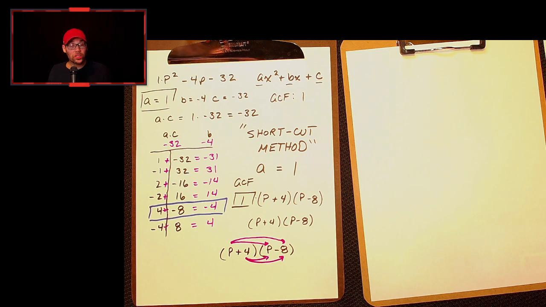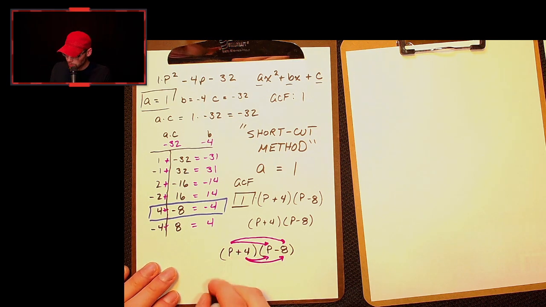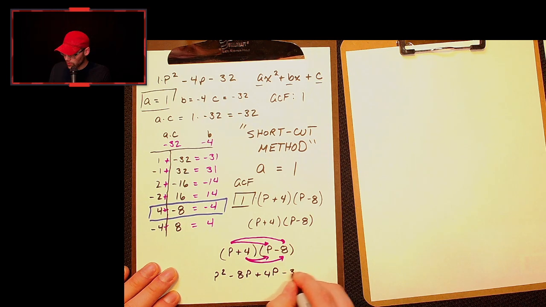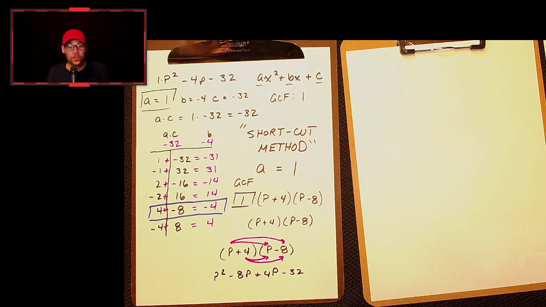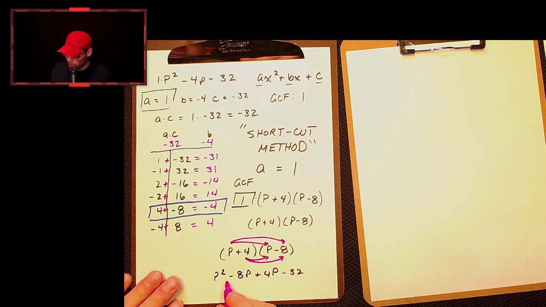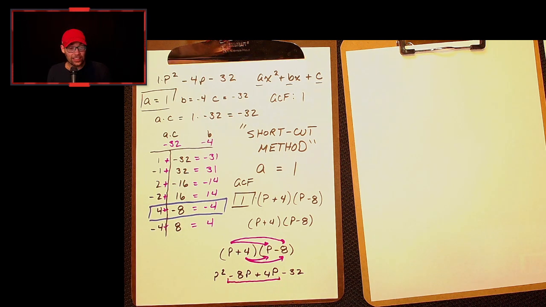So when we FOIL this out, we're going to get p times p is p squared. P times negative 8 is negative 8p. 4 times p is positive 4p. And then 4 times negative 8 is negative 32. And then the final thing that we want to do is combine like terms. Like terms mean they have the same variable to the exact same power.